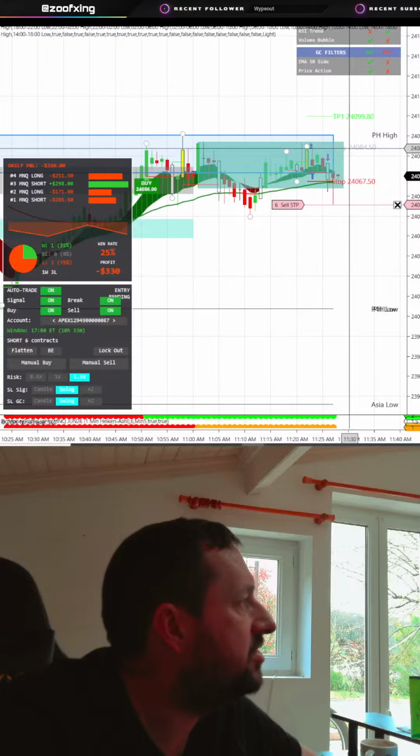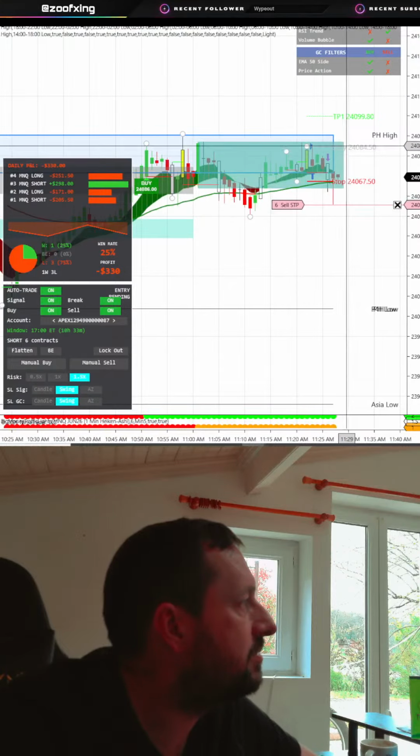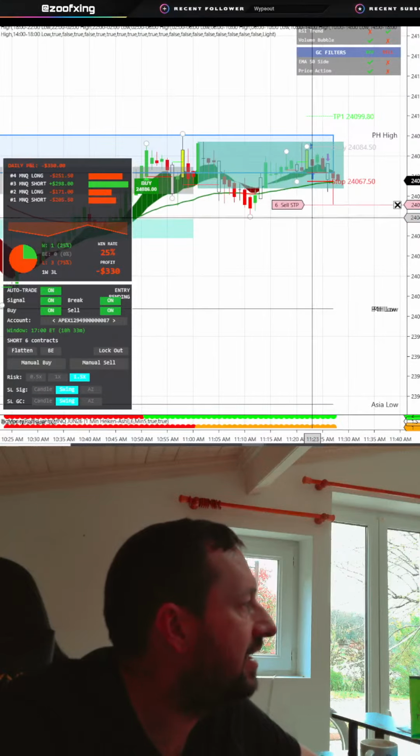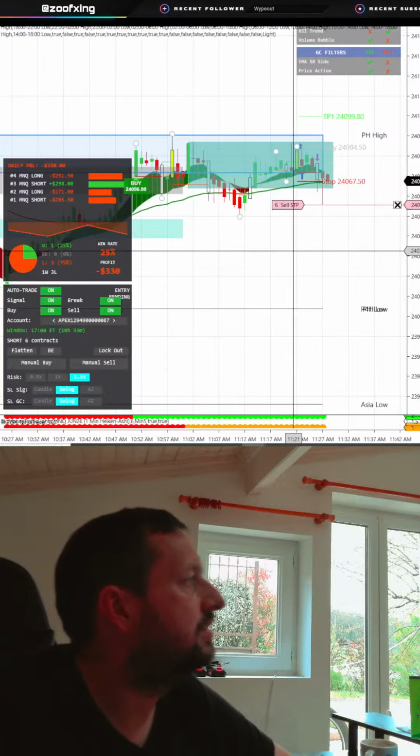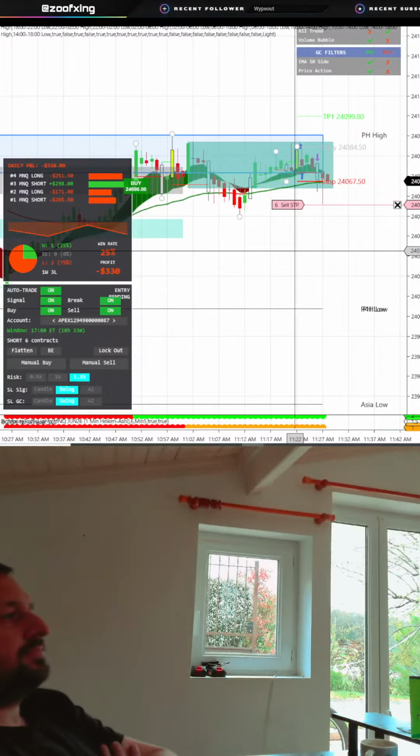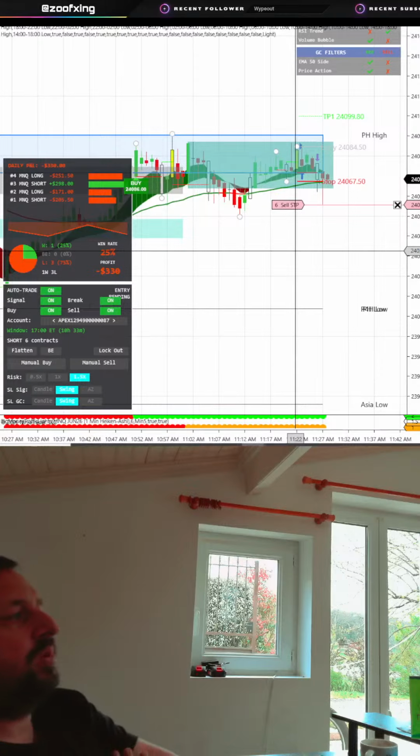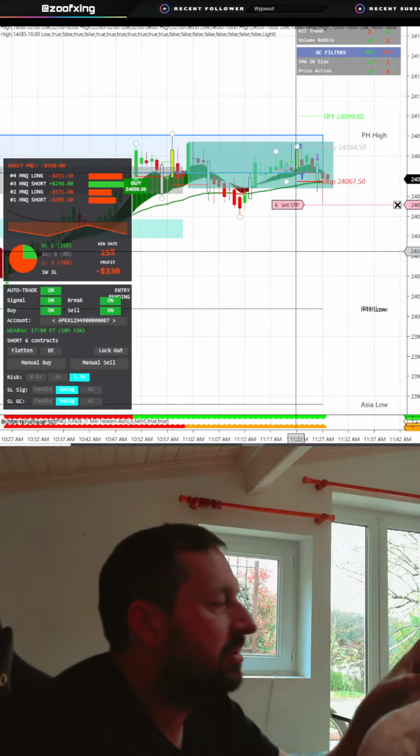So our invalidation point is this high. If price comes through this high, it should invalidate this. Now I've used 1.5 risk, so I would expect this trade to risk about 350, everything being good.